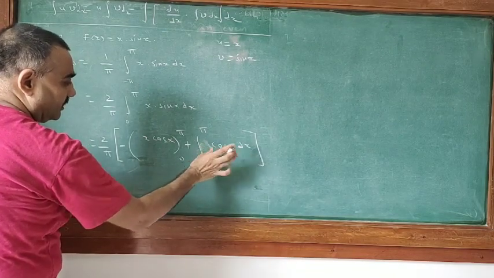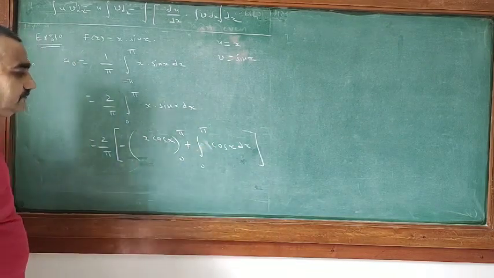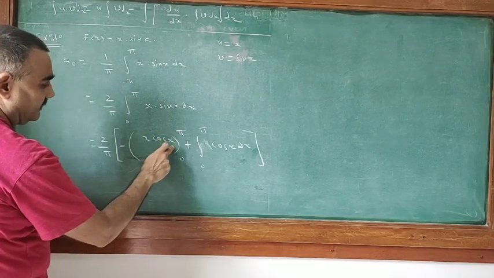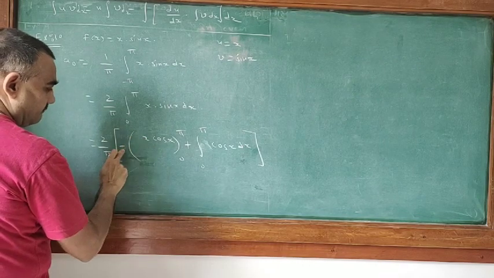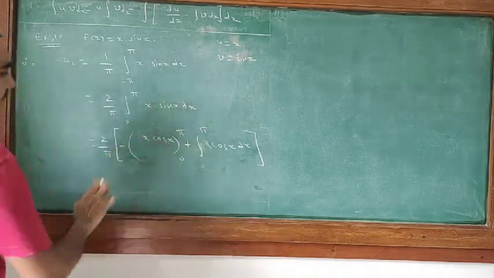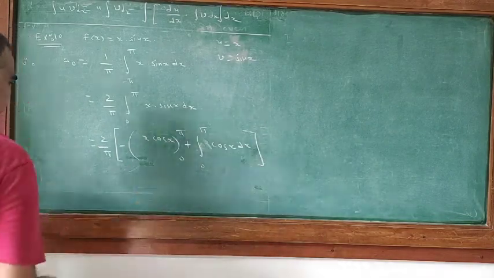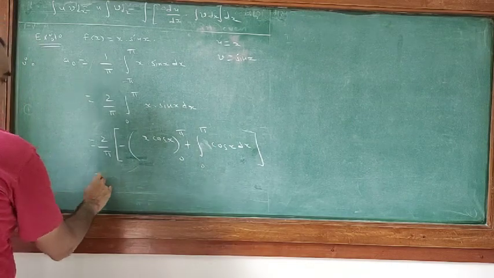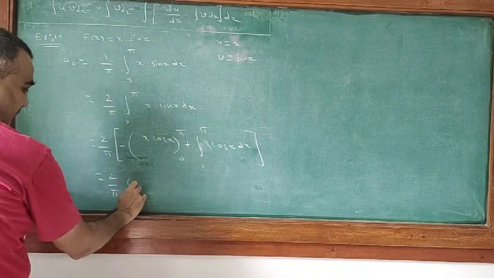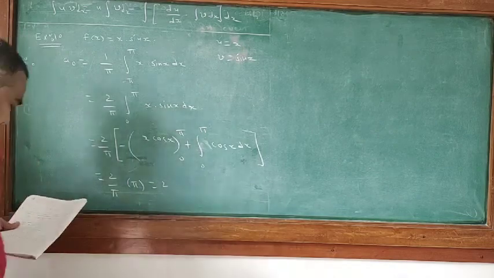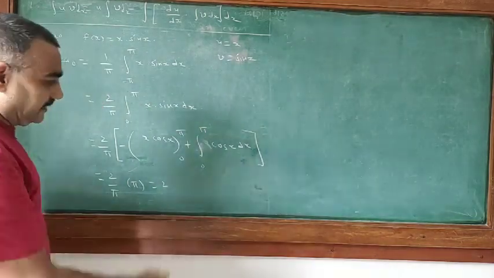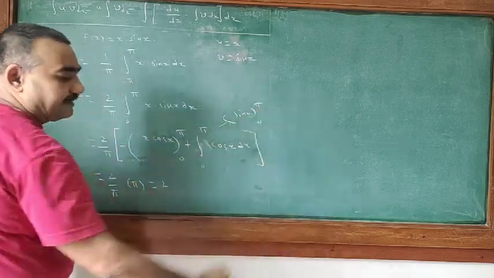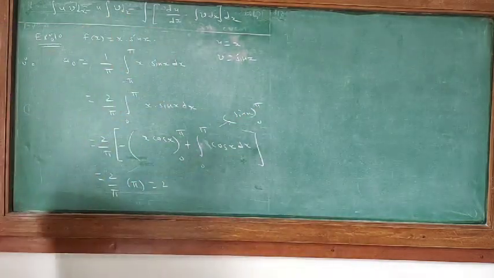Whether you write it or not, you have the same value. Whenever I write pi there, it is pi cos pi, and whenever we write 0, it is 0. And here the integration is sine, and therefore at pi and 0 it is 0, and therefore this is 2 upon pi into pi, and therefore this will equal 2. The integration of this is sin x, and at 0 it is 0, at pi it is 0, therefore it will not be in the calculation. Clear?